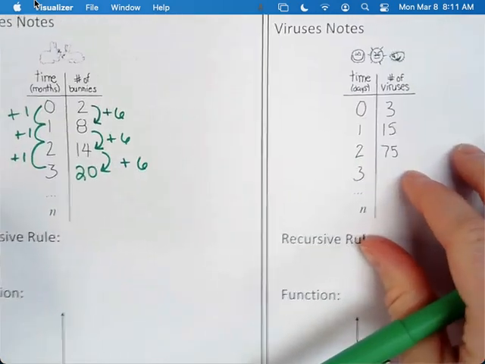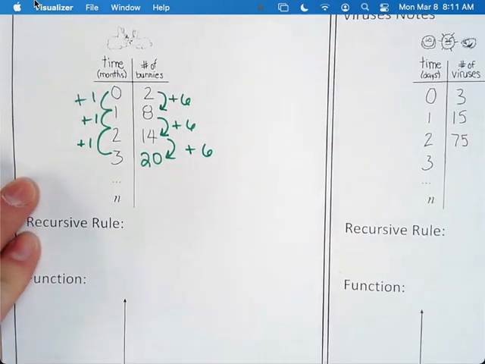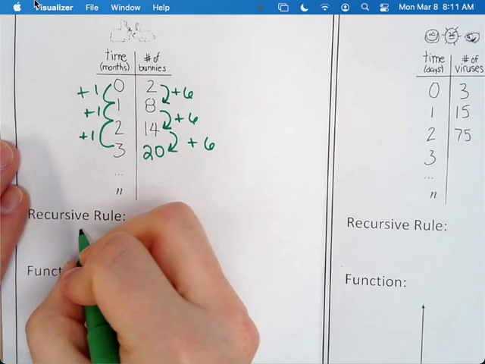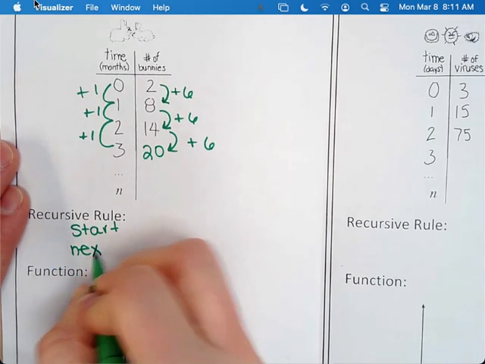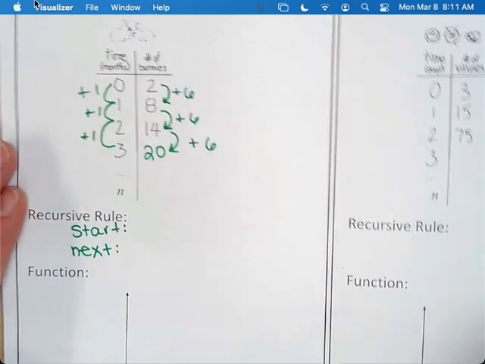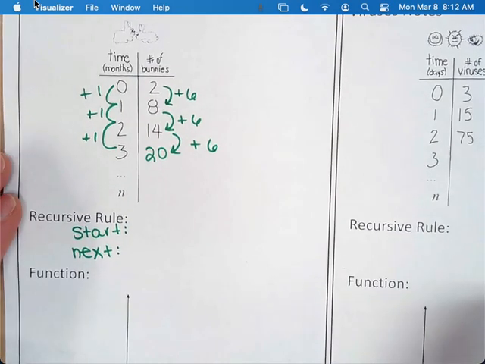Okay, let's look. Do y'all remember recursive rules? We talked about this. We're going to write it out where we put start and then next. We did this a little bit before Christmas, so it's been a while. You with us?